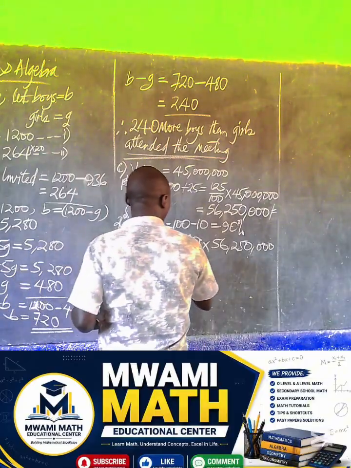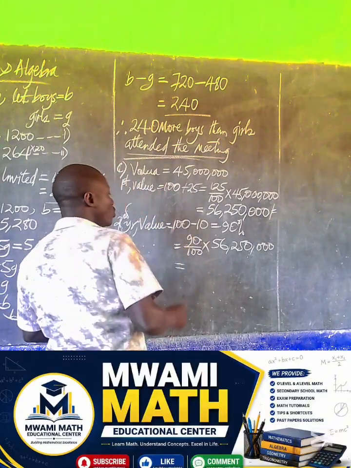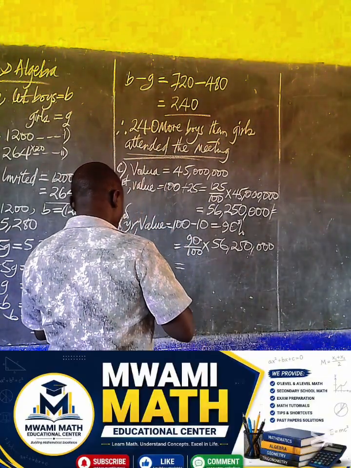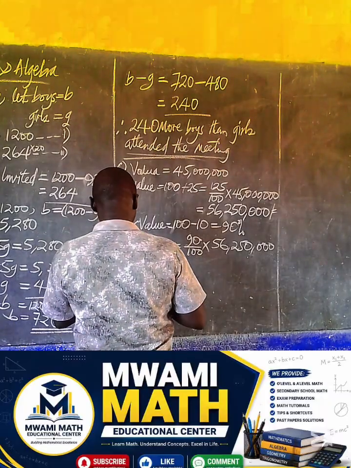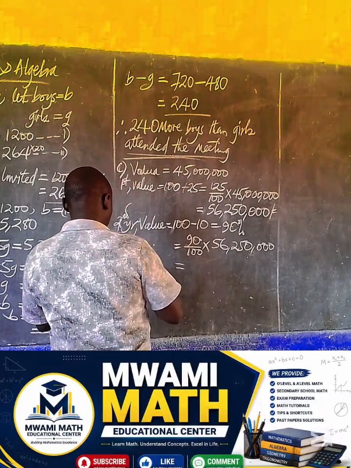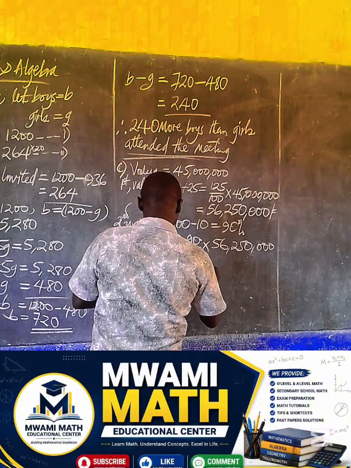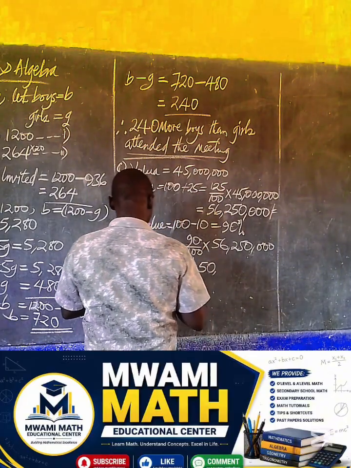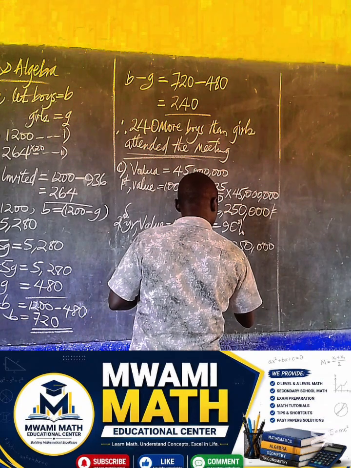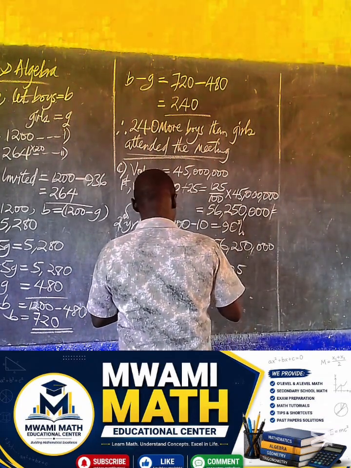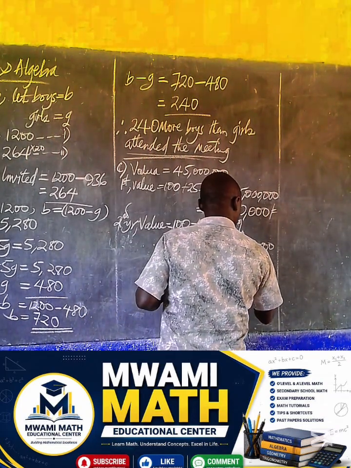So when you compute that, you come up with 50,625,000.